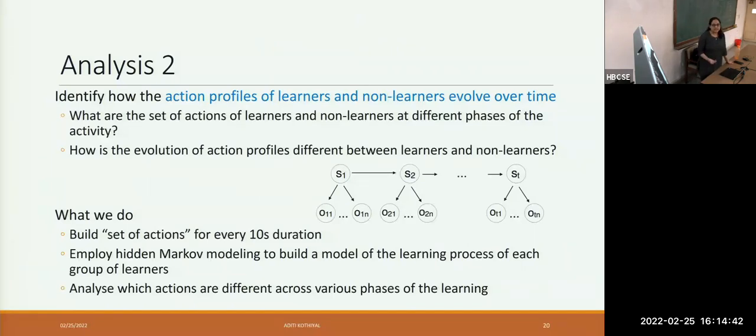So technically that assumption is not valid, but it gives us one way to look at it. Maybe there is some memory for a few previous windows, but not the entire history. That's hard to say. We did not check it, but we did assume it. Yes. Thank you.